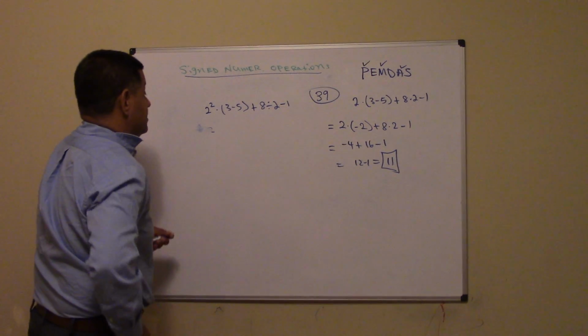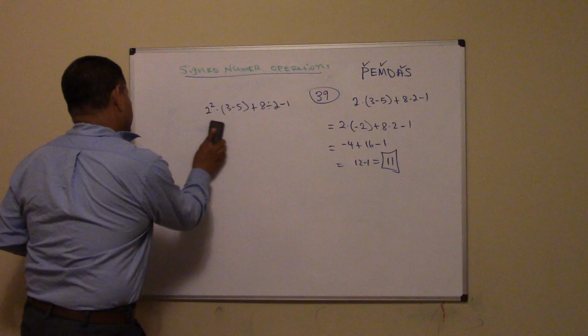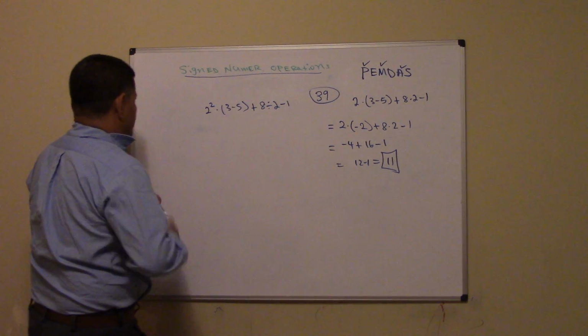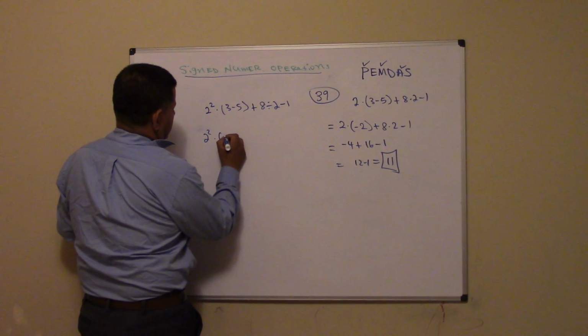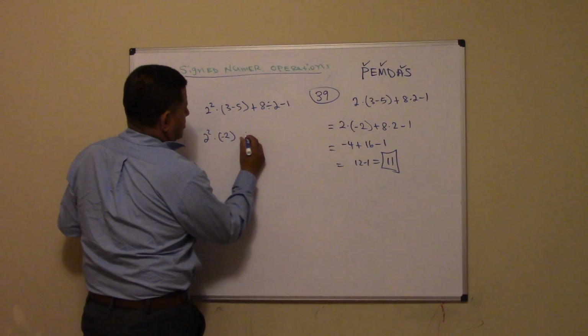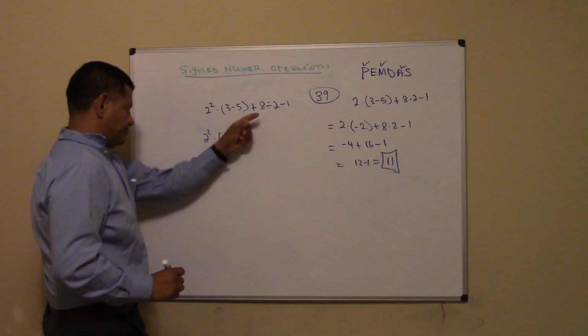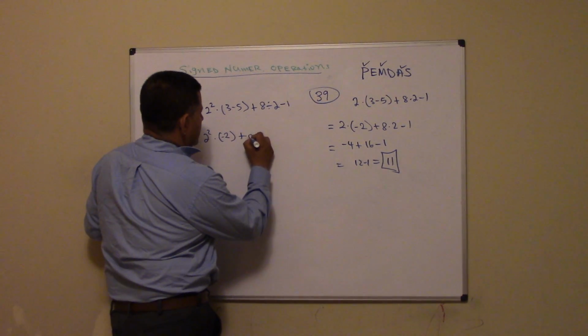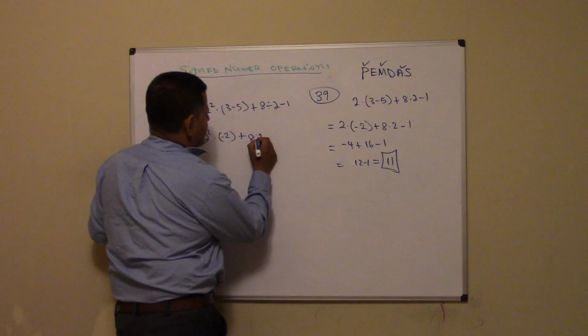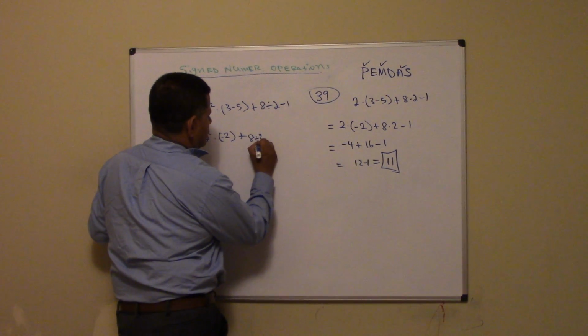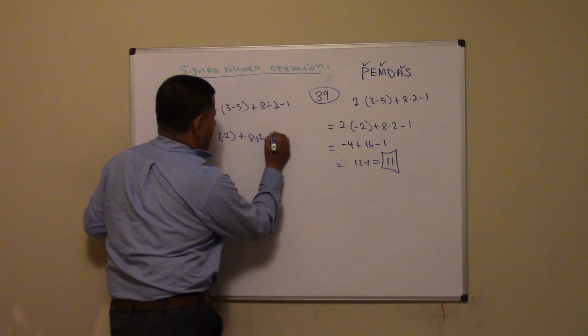Sorry about that. So 2 squared times negative 2 plus 8 divided by 2 minus 1.